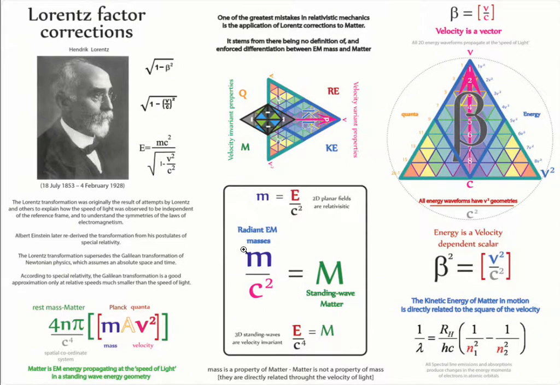As we note here, radiant mass energy, mass, is a measure of energy per c squared, and matter is a measure of energy per c to the fourth region of space. A three-dimensional geometry versus a two-dimensional geometry. To relate mass to matter is a simple process, and it's usually done through the spatial coordinate system used to measure the energy.